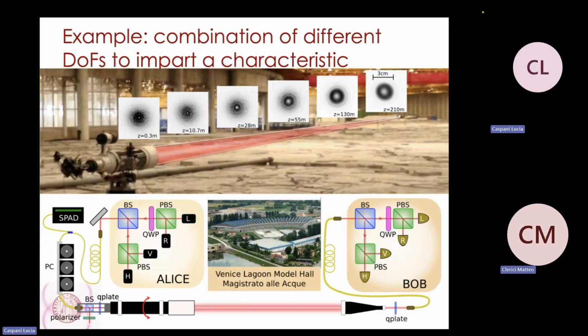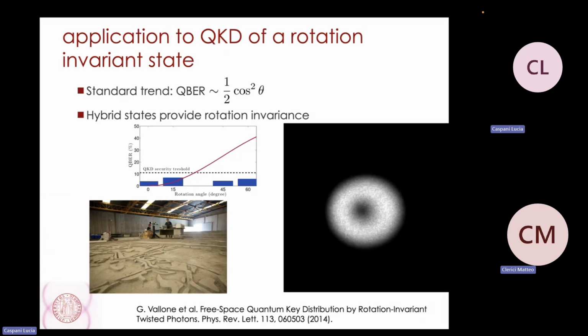The result, which has been obtained in a test bed of 300 meters in a very special location, was that the QBER in the quantum communication demonstration remained constant. This is the donut after the propagation of the OAM, while the standard trend would exceed the limit and go toward unfeasibility.